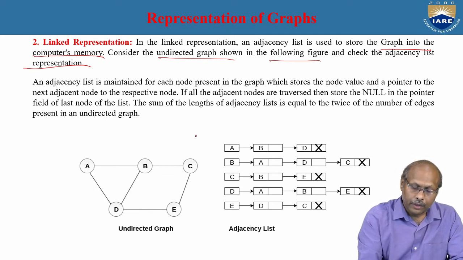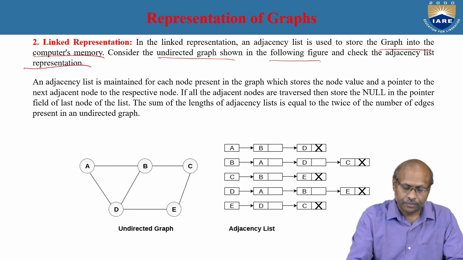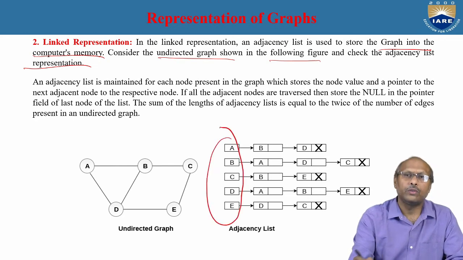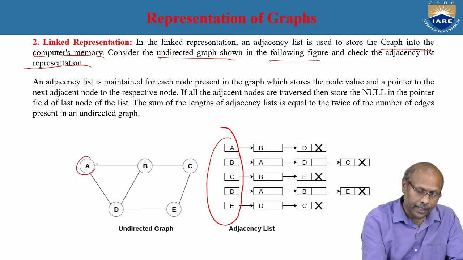To represent this graph using an adjacency list, you first write all the vertices that exist. From A, write whatever nodes are connected.